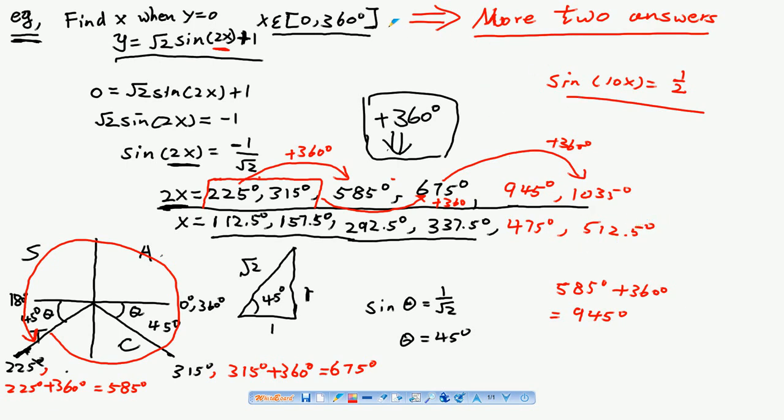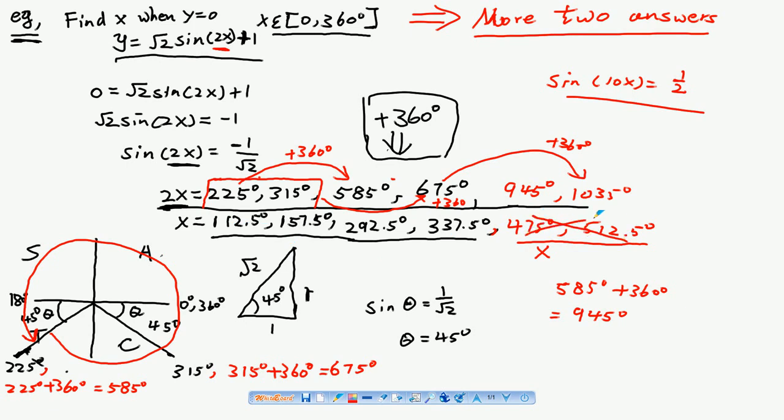Let's look at the domain again. The domain is only from 0 degrees to 360 degrees. Clearly, these answers are not in the domain, so we can stop right there. So we only have 4 answers there.